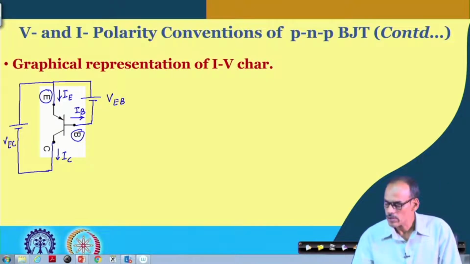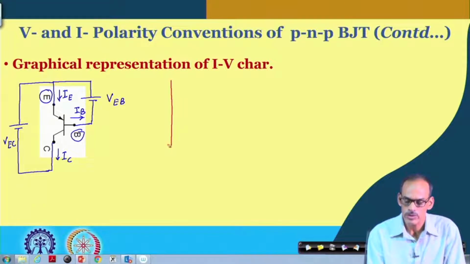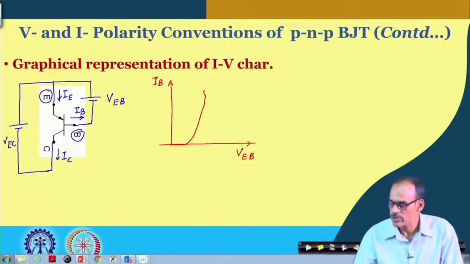Now, you may recall the graphical representation of the IV characteristic of, say, IB as a function of VEB. If you plot this characteristic, of course, it will be exponential, as we have discussed before.